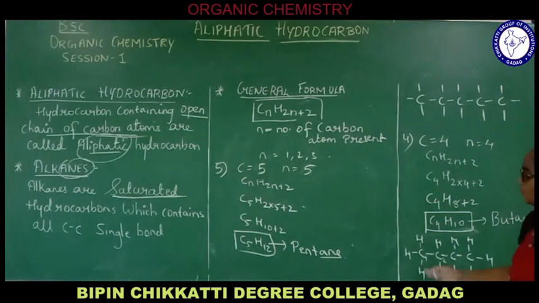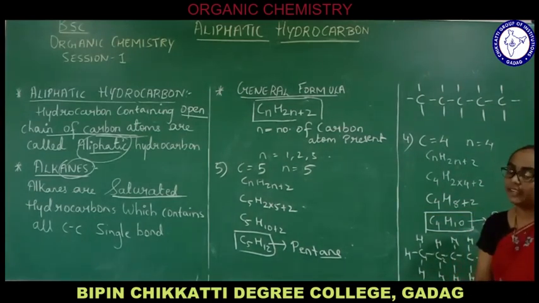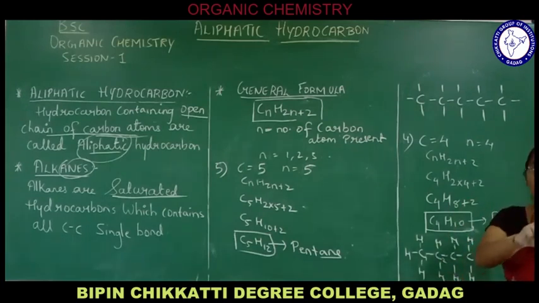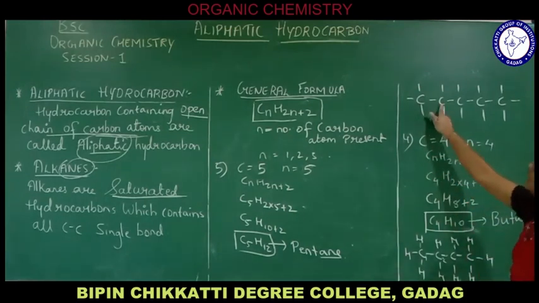And you know that each carbon atom has a valency of 4, that means it will bind with only 4 different atoms. One bond is already used by the carbon atom by attaching to the neighboring carbon atoms.